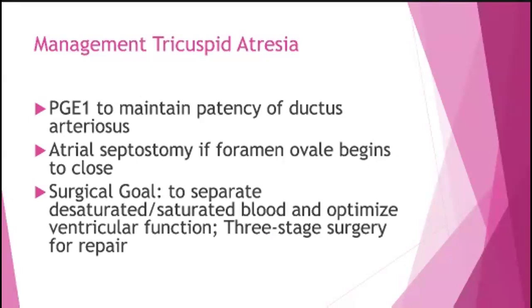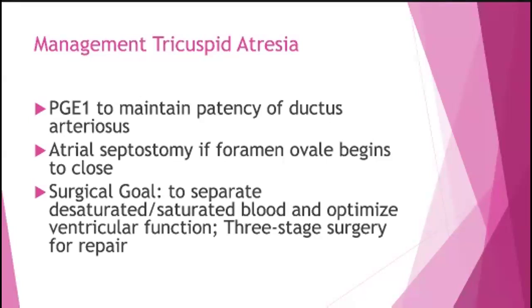The first stage is the systemic pulmonary shunt, and that's done in the newborn period. Then we can do our Glenn procedure, where our SVC is connected to our pulmonary artery. And then the last one is the Fontan procedure, in which the systemic venous blood is routed directly to the pulmonary arteries. This child is going to require lifelong cardiology follow-up.